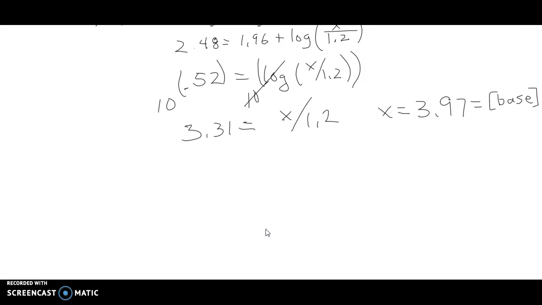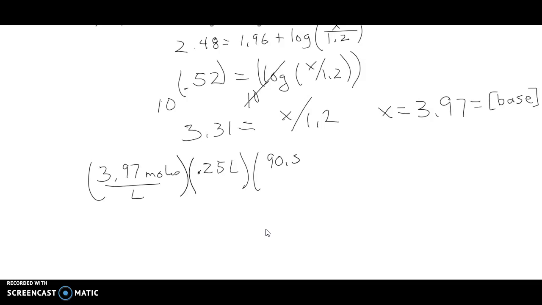We'll start with our concentration, 3.97 moles per liter, and multiply that by our volume, 0.25 liters. Then we'll multiply that by our molar mass.